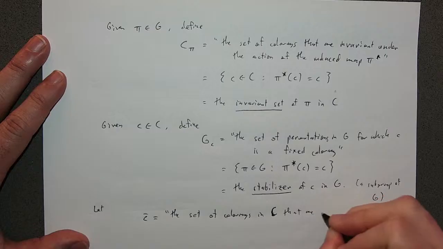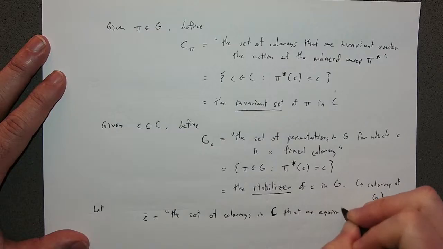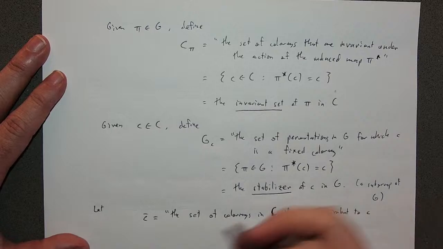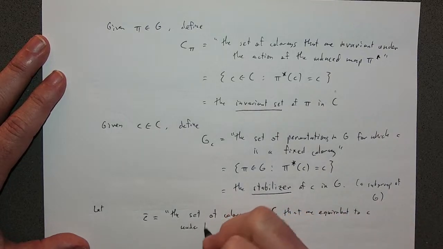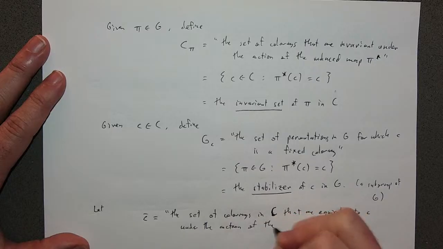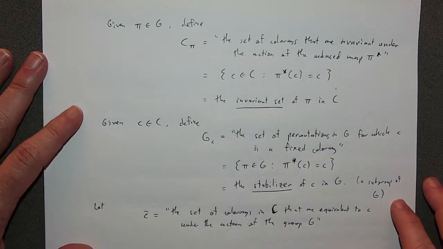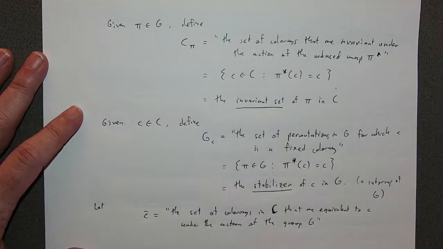The set of colorings that are equivalent to little c under the action of the group G. This is a fancy and precise way of saying what we've been saying the whole time, that equivalent colorings are related by one of these symmetry permutations. So, the set of colorings that are equivalent to C under the action of the group G.